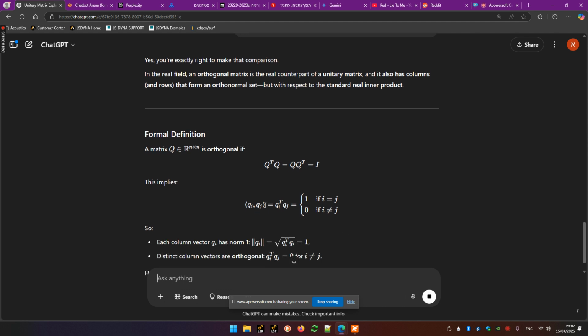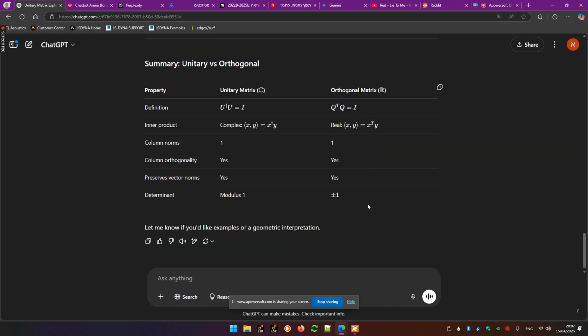It means that, again, what we saw in the unitary matrix, the inner product between two columns of the matrix equals 0 if this is not the same column, and equals 1 if it's the same column. Namely, each column is a vector with a norm of 1. So it's orthonormal. Here it gave me the property of a unitary matrix in the complex space, and the orthogonal matrix is the parallel matrix in the real space.